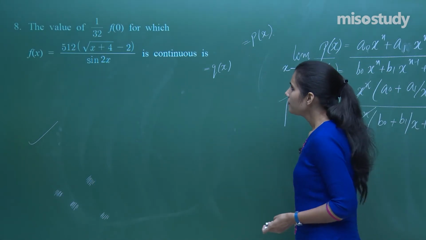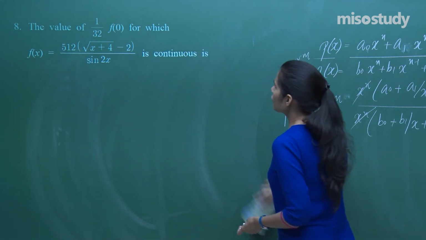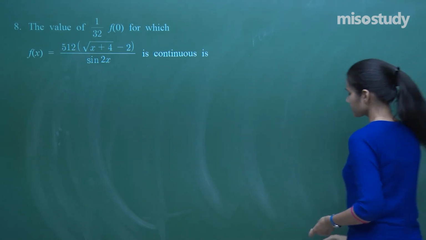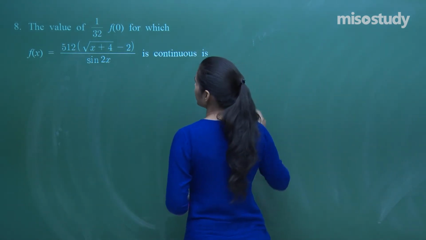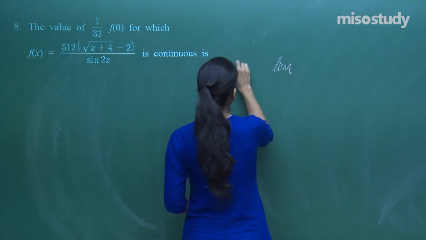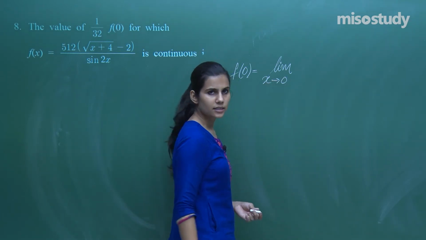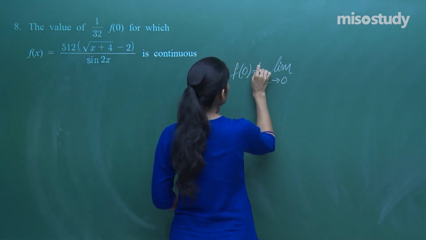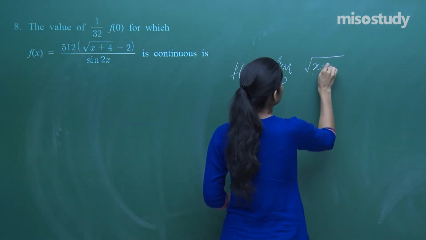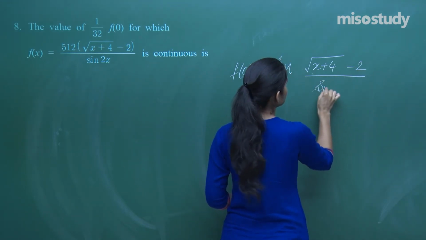We have the value of 1 by 32 times f of 0 for which f(x) is continuous, what is it? Let's see. Here I am saying f of 0 will be limit x tends to 0 f of x. f of x is 512, so 512 straight away will come out. You are left with under root x plus 4 minus 2 whole upon sine 2x.